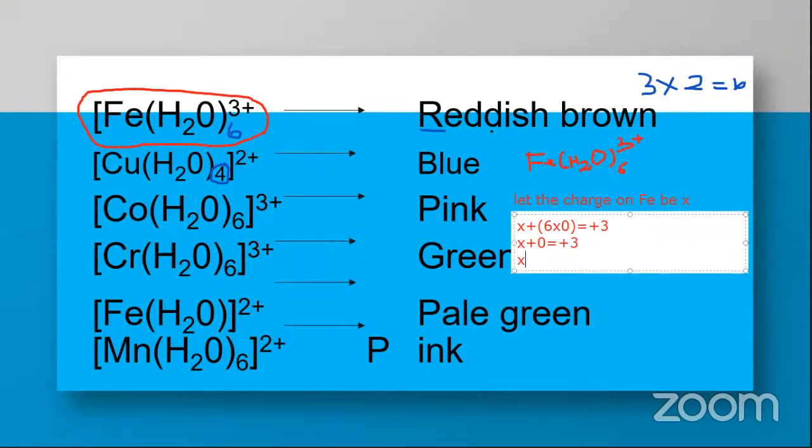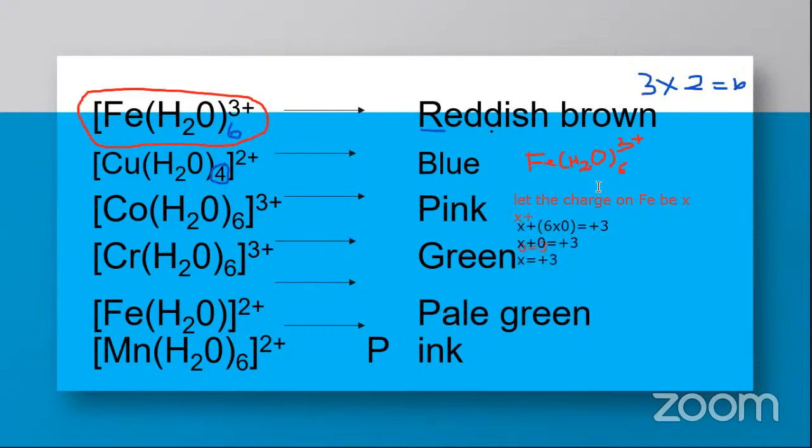Meaning that our x is equal to positive 3. So this is the oxidation state of iron.